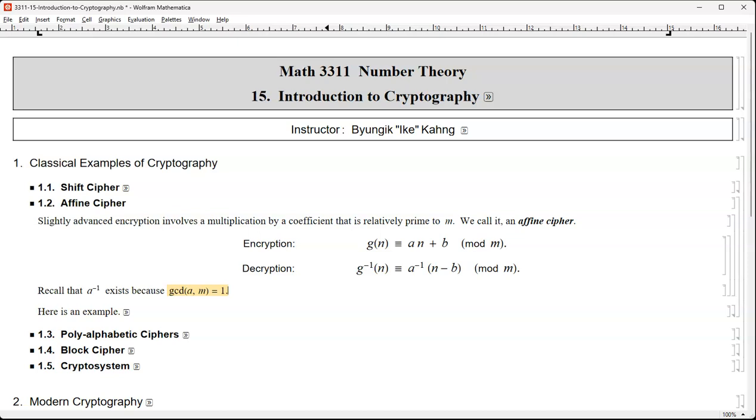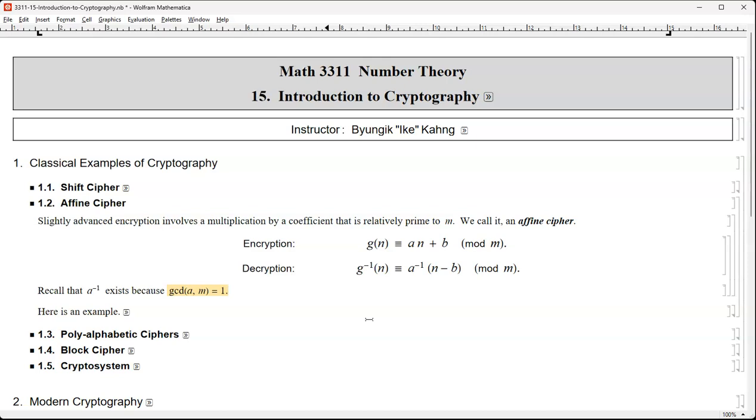In that case, the multiplicative inverse exists, and the easiest way usually is to take A as a prime number. Then most of the time you don't really have to worry about anything. So that way you can set up an encryption and decryption through 2 keys.